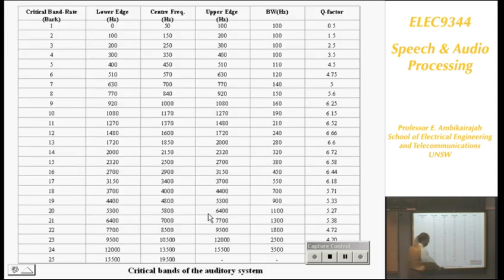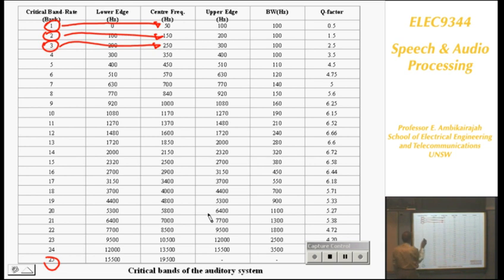This particular table gives you some idea of what the critical bands are. The critical band is in the Bark scale: Bark 1, Bark 2, Bark 3, and so on, up to Bark 25. Then you work out, using that formula, the center frequencies. One Bark gives you 50 hertz, the second gives you 150 hertz, the third gives you 250 hertz, and so on, and the 25th one gives you something like 22 kilohertz.